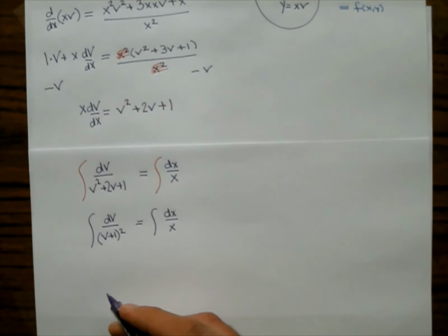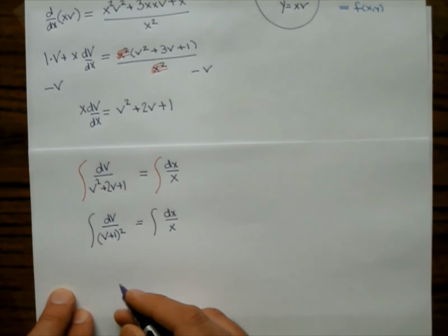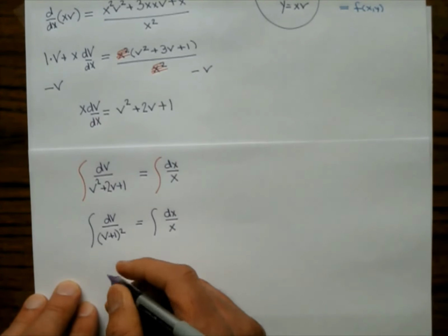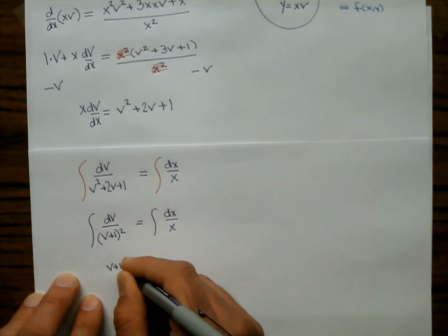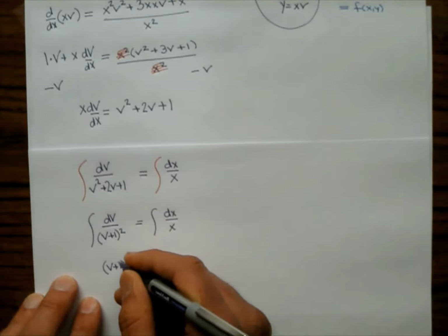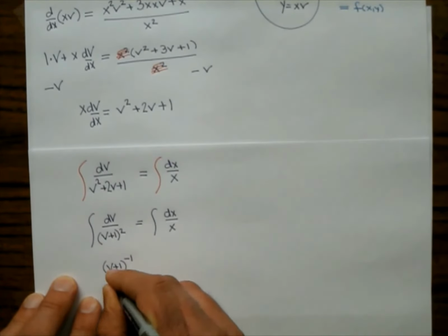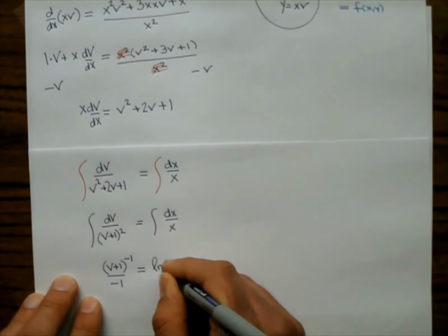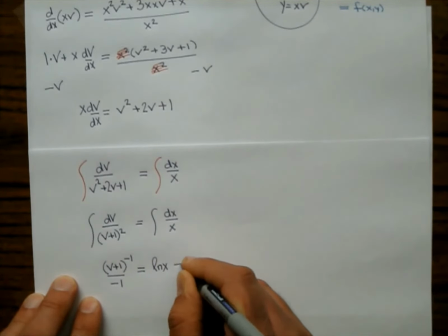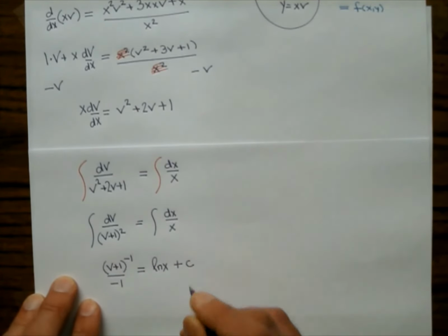So when all is said and done, I'm going to end up getting v plus 1, to the negative 1 since it's to the negative 2, over negative 1. This equals ln x plus c.